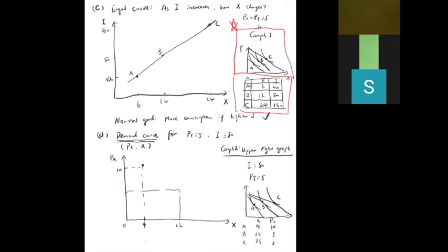A little bit to the left. And when price drops to 2, my demand becomes 35. Well, it's hard to draw to the scale. So this corresponds to point A, point B, and point C.